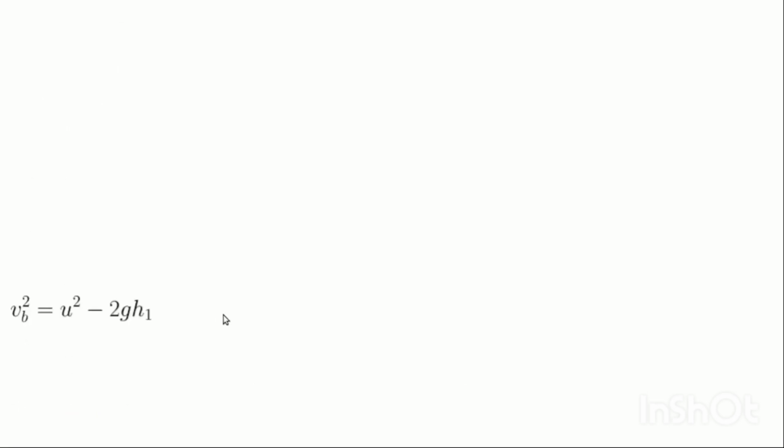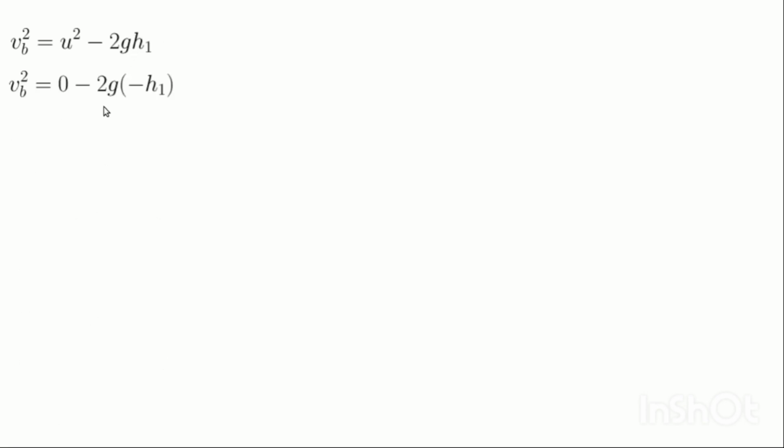So using this formula, VB squared equal to u squared minus 2gh1. Our initial velocity, when it is at that height, is equal to 0. Remember, our h1, because it's traveling back down, takes a negative value. So we have VB squared equal to 0 minus 2g times minus h1, and we can make our VB equal to the square root of 2gh1.